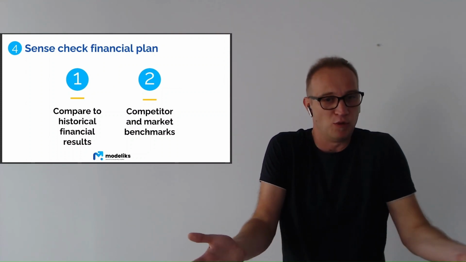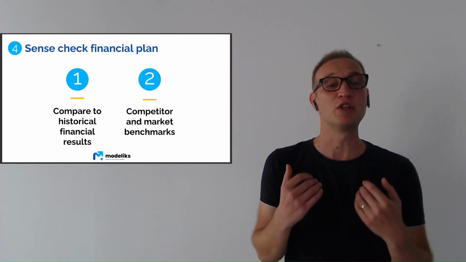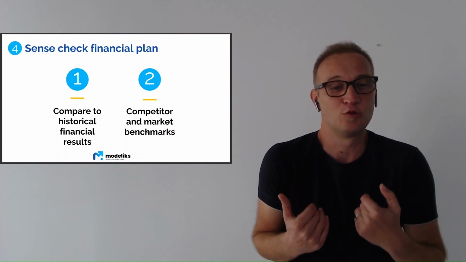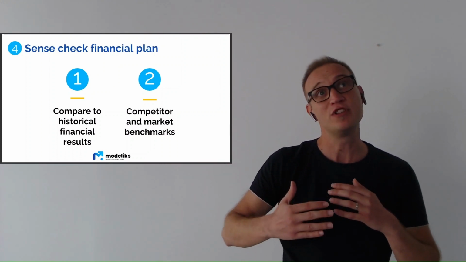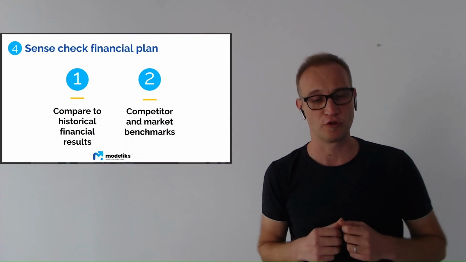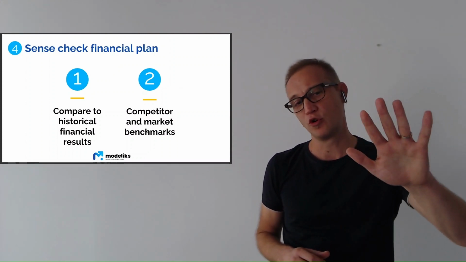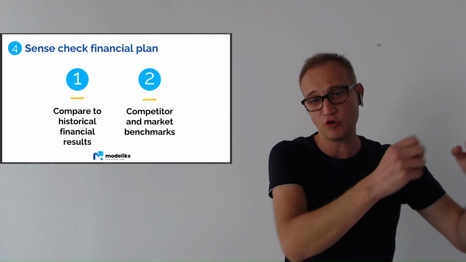It's possible that it would happen if you have great initiatives behind it, but you have to be able to substantiate and explain the reason for such a difference between past growth rate and the future expected growth rate. So comparing your financial plan to your historical results is one way to sense check your results.